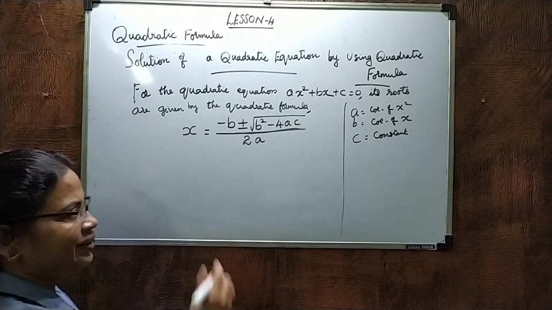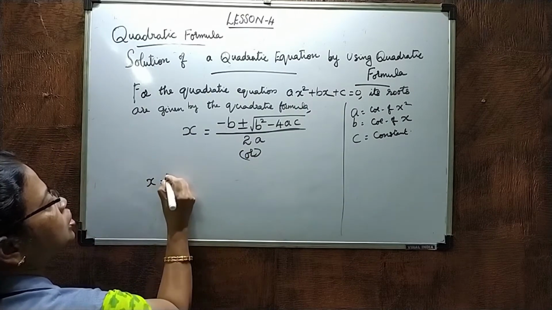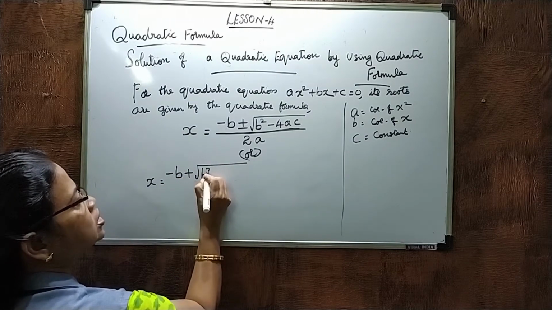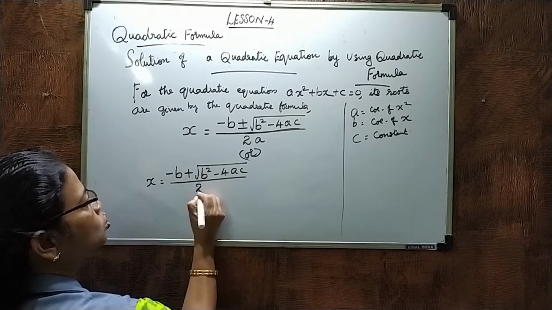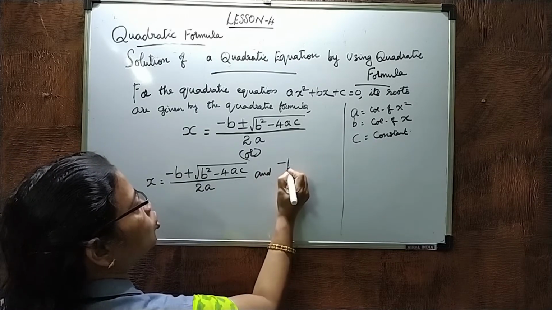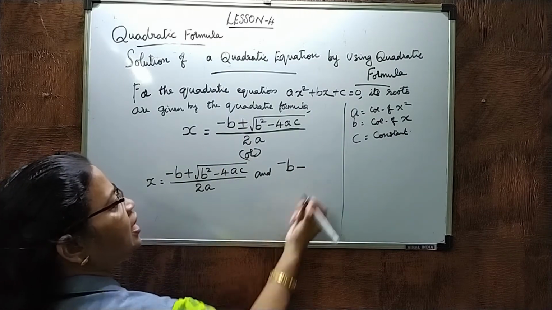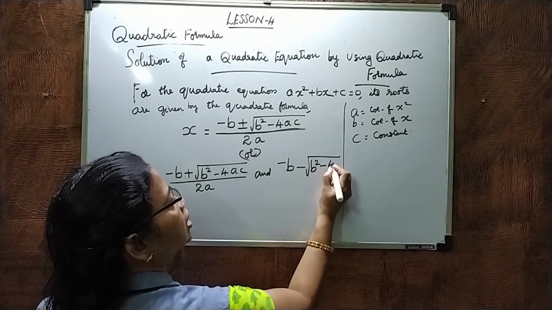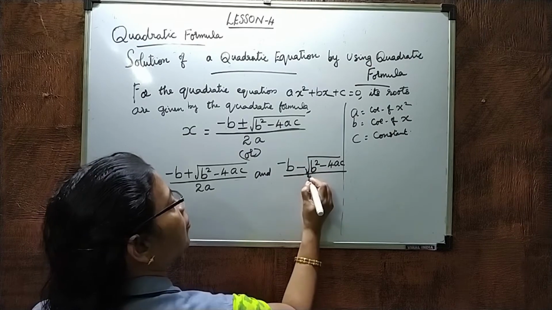What is that? That means we will write it as x is equal to negative b plus root of b² − 4ac, the whole divided by 2a, and x is equal to negative b minus root of b² − 4ac, the whole divided by 2a.